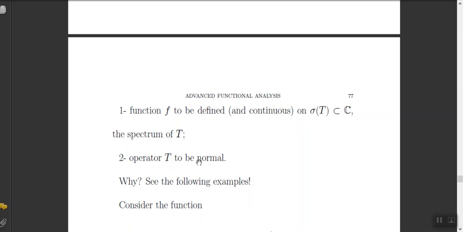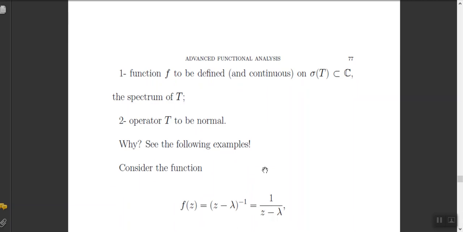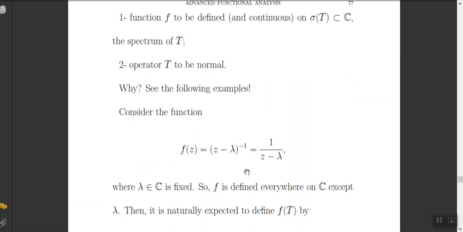You may wonder why we consider these two conditions. I'm going to explain with some simple examples why we consider these two conditions to define f of t for more general functions. Look at this. We have a function f of z equals 1 over z minus lambda, where lambda is a fixed complex scalar.